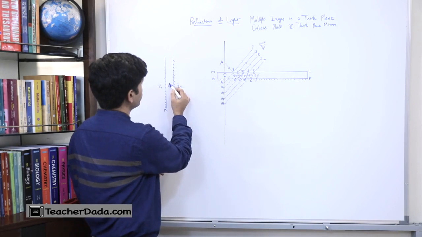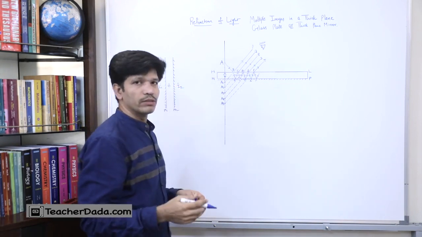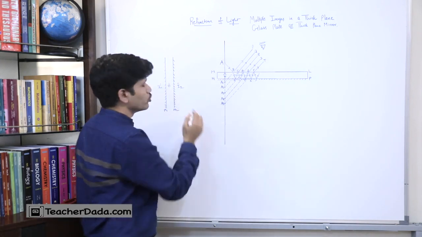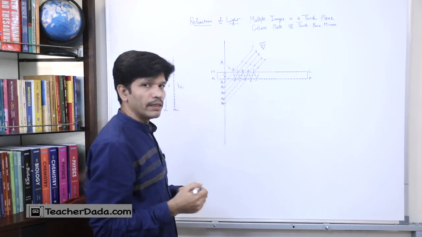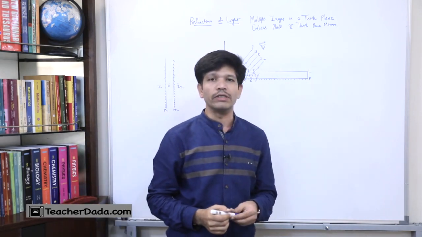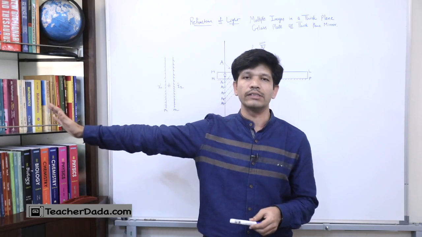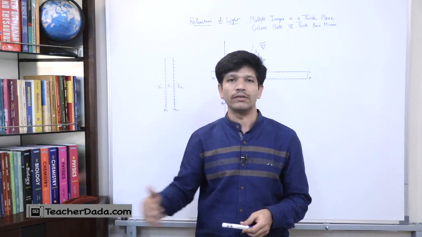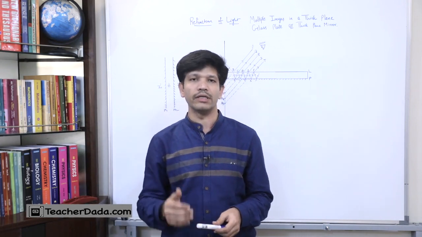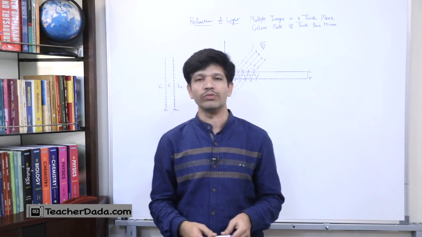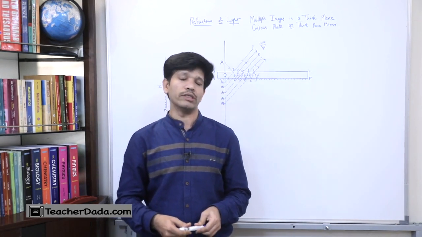The object distance and the image distance are the same, and the image also appears laterally inverted. Suppose you are standing in front of the mirror and you put your right hand like this, in the mirror it will look like your left hand, and both distances are the same. Suppose you are standing 2 meters from the plane mirror, the image will also be at 2 meters. And what is the other characteristic?